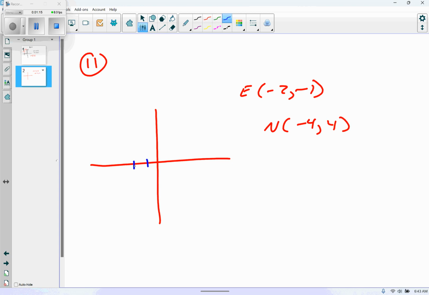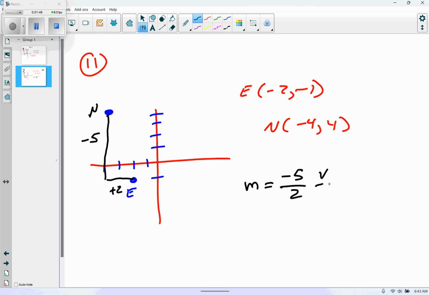So (-2, -1) is point E, and then (-4, 4) is up here, and that's point N. So we're going to count down 1, 2, 3, 4, 5, and right 2. So it went down 5 and right 2. So our vertical direction is -5 over 2. Remember, it's V over H.